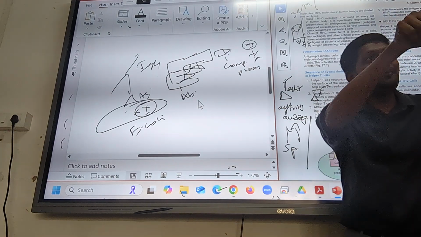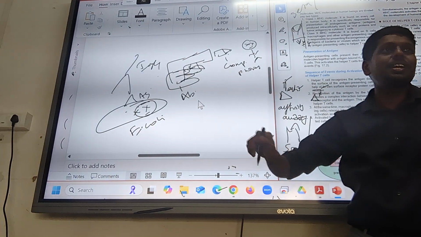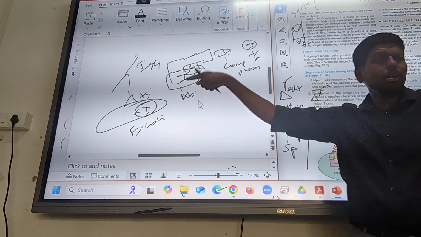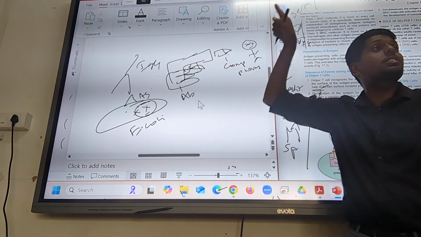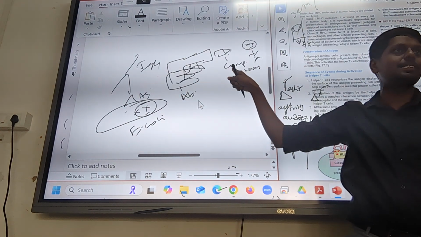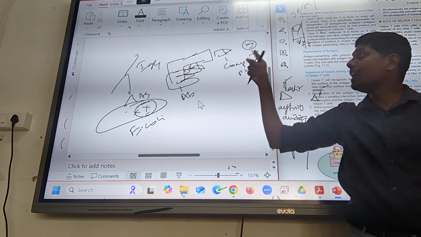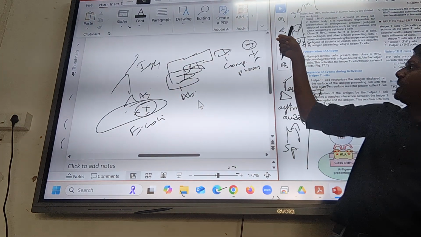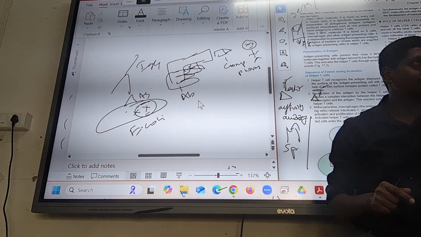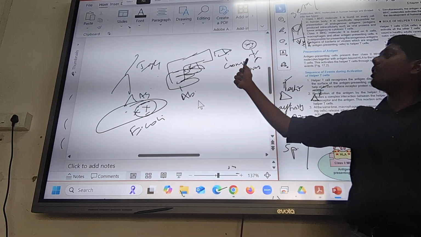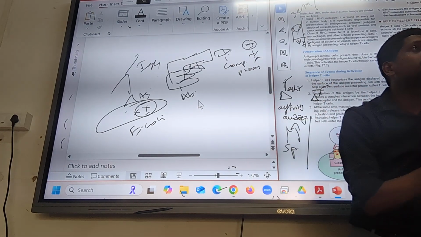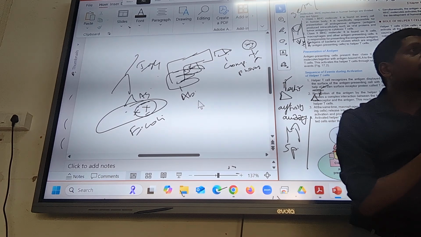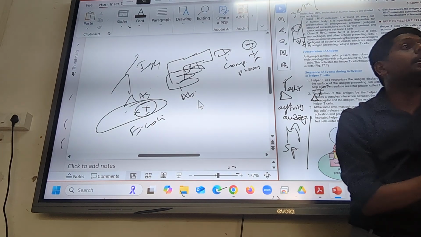It is the complementary molecules that will kill the pathogen, not the antibodies. What is the use of antibodies? They just guide the complementary proteins, acting as guides to a specific target. The actual bullets are always the complementary system.